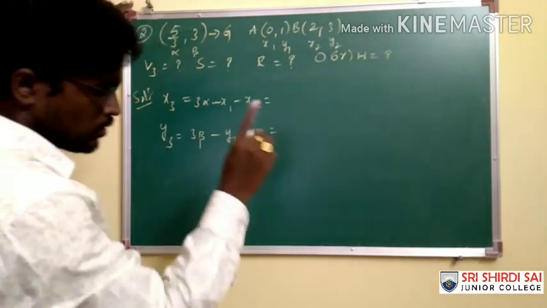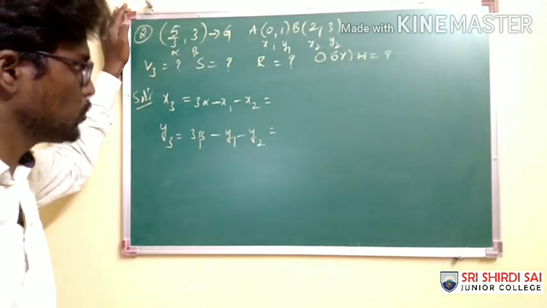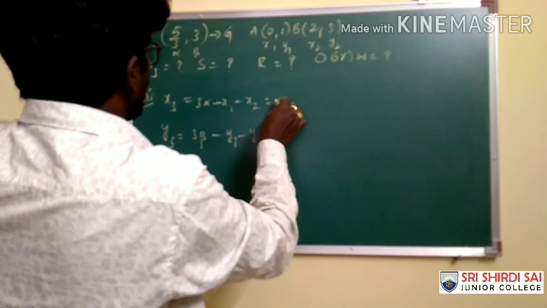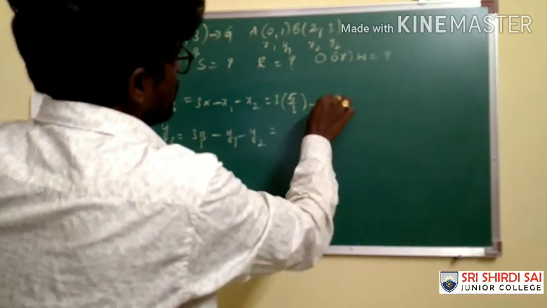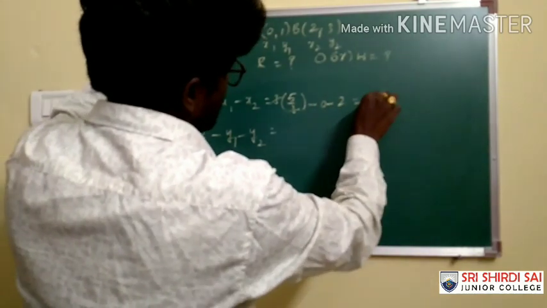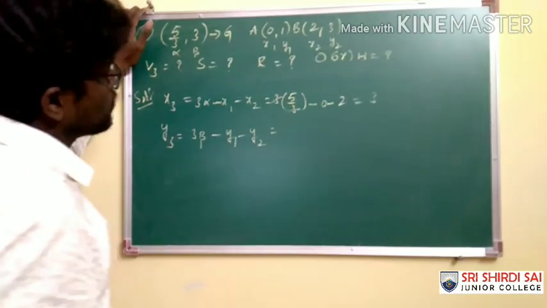Please get back to your concepts what you have learned so far. Please check with this. I have already told you in the shortcut results. 3 alpha means 3 into 5 by 3, minus x1 means 0, minus x2 means 2. Let's cancel so that we are getting 3. 3 beta minus y1 minus y2.